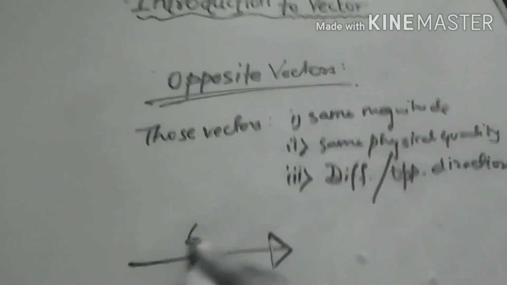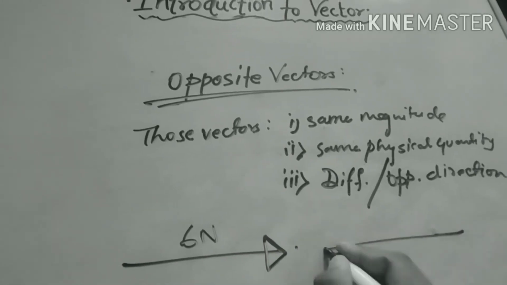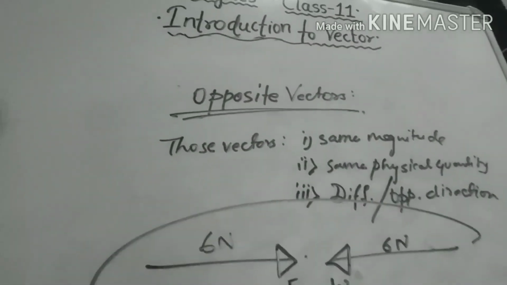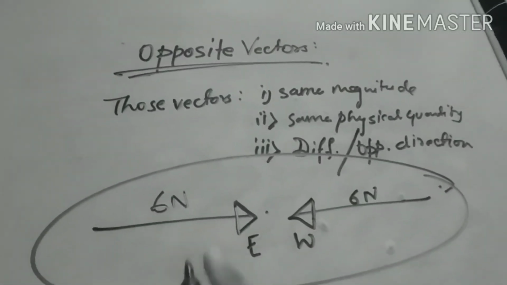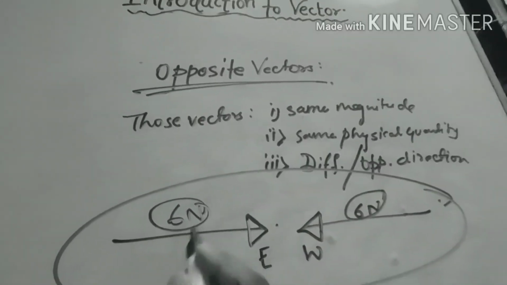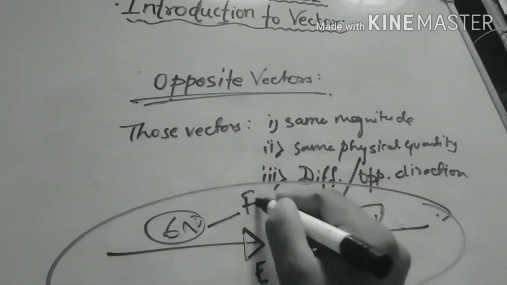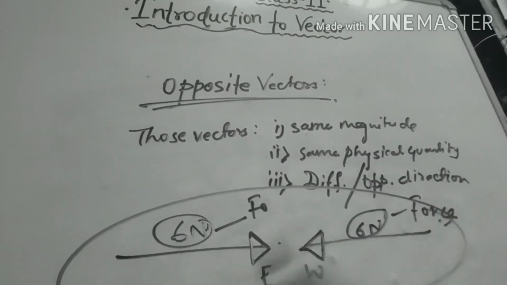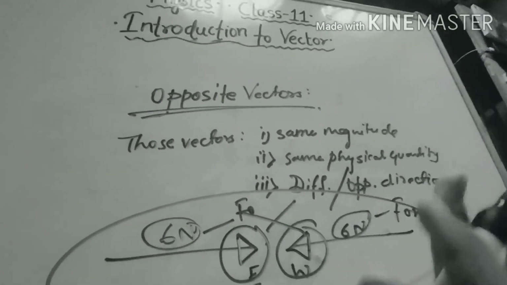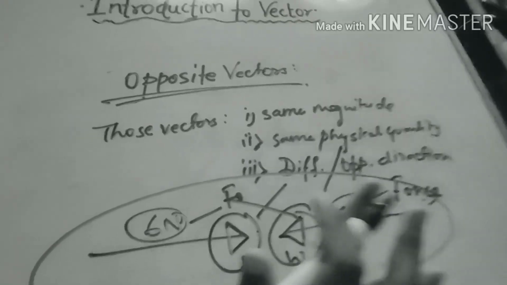So if there is a force of 6 Newton pointing toward east, and there is another force of 6 Newton pointing toward west, both can be said to be opposite vectors, because they have the same magnitude, that is 6 Newton, the same physical quantity, that is force, but their direction is opposite. This points towards east and this points towards west, so these are opposite vectors.